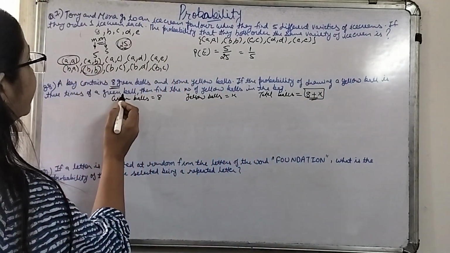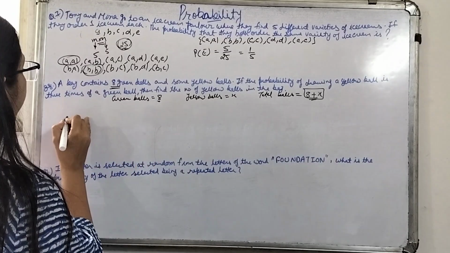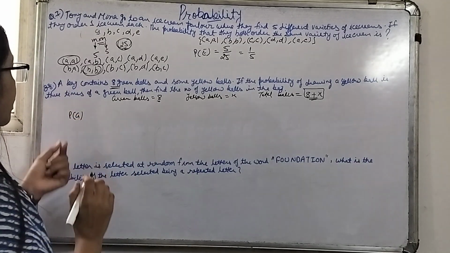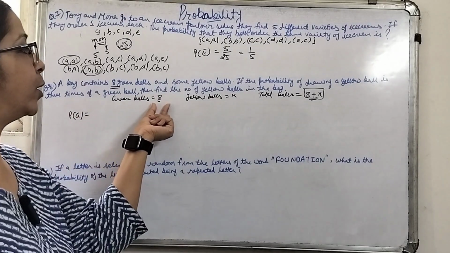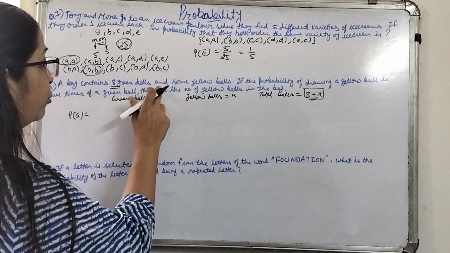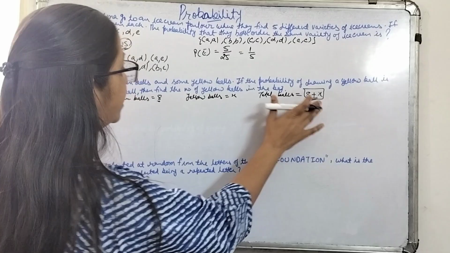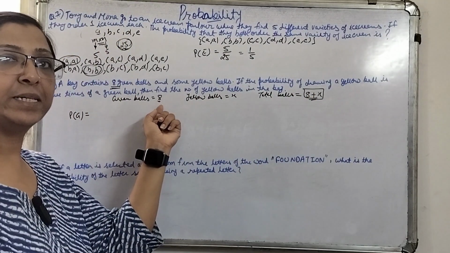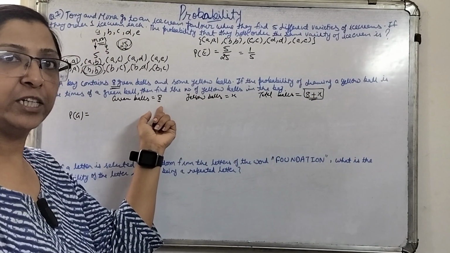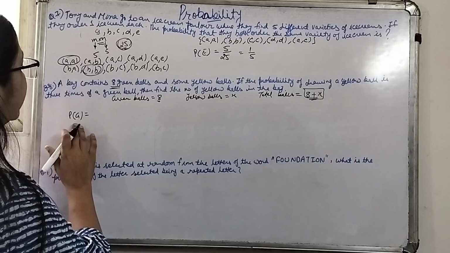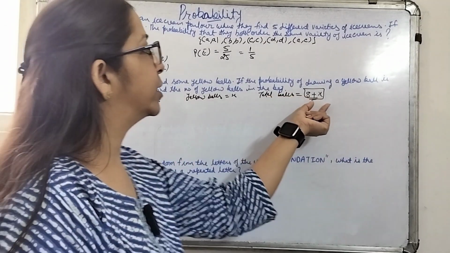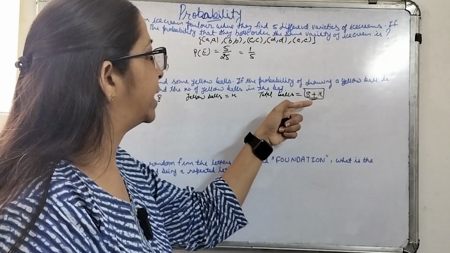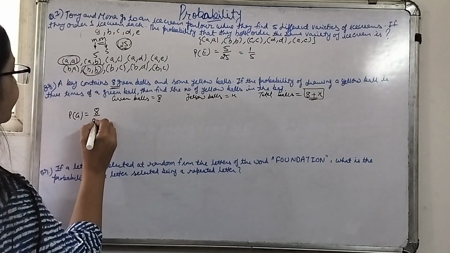Now the probability of getting a green ball. We are taking it as PG, that is the probability of getting a green ball. Out of your 8 plus x balls, if any of these green balls will be selected, it will be the favorable condition. So probability of getting a green ball is total number of favorable outcomes divided by total number of possible outcomes, that is 8 plus x.